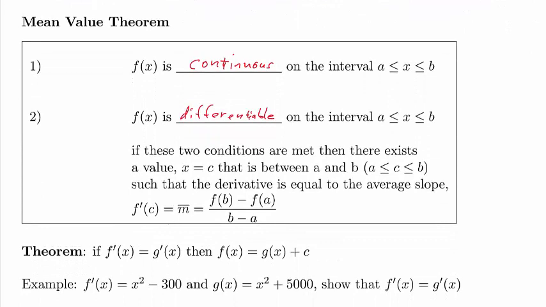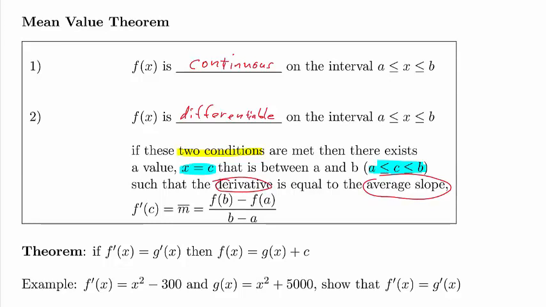So if these 2 conditions are met, then there exists a value, x equals c, that is in between a and b. Once again, c is in between a and b, such that the derivative is equal to the average slope.